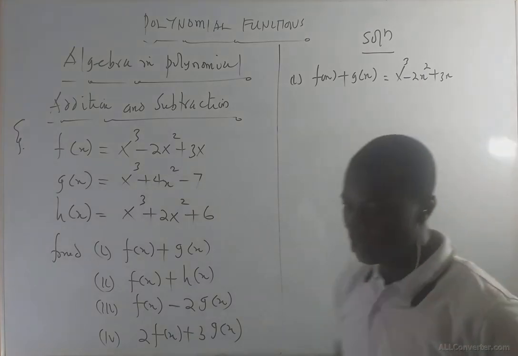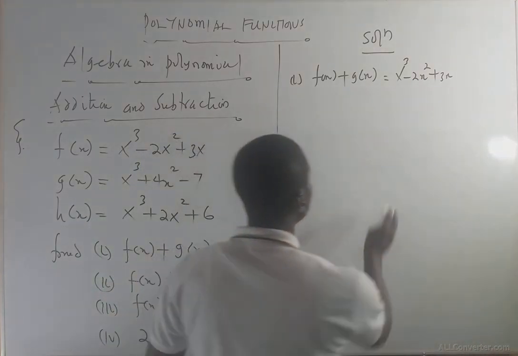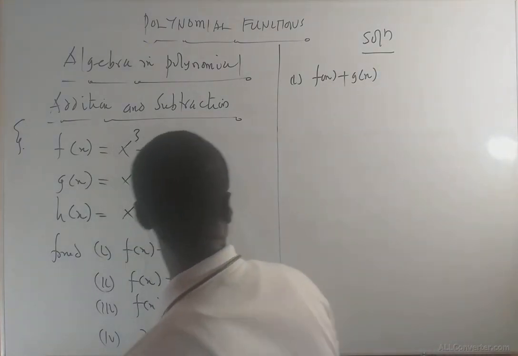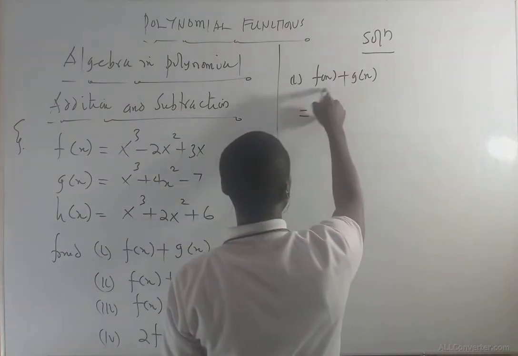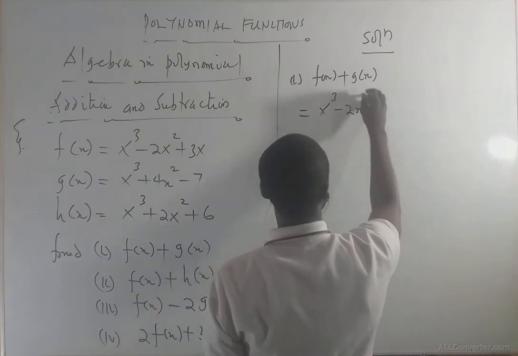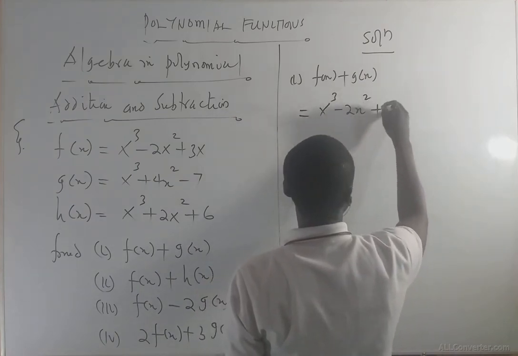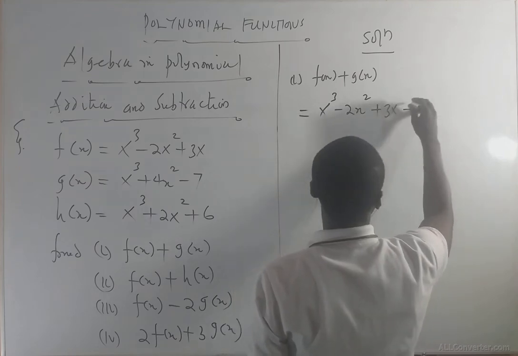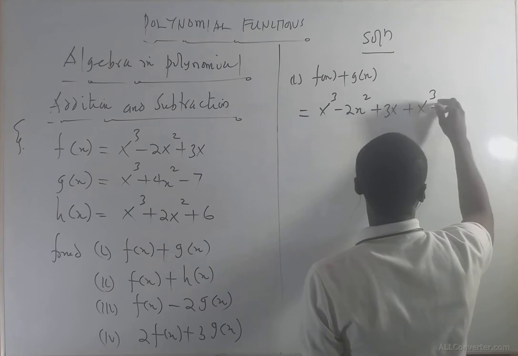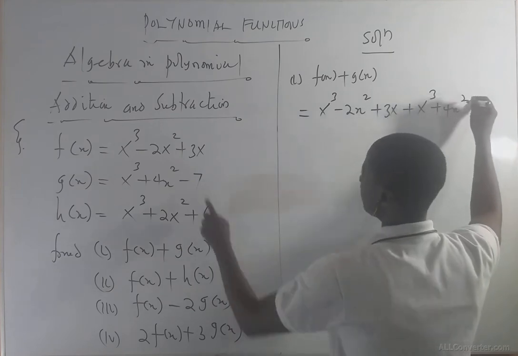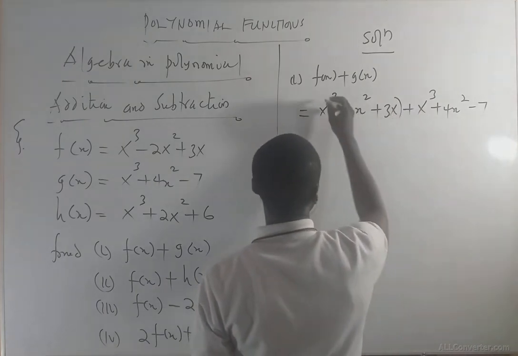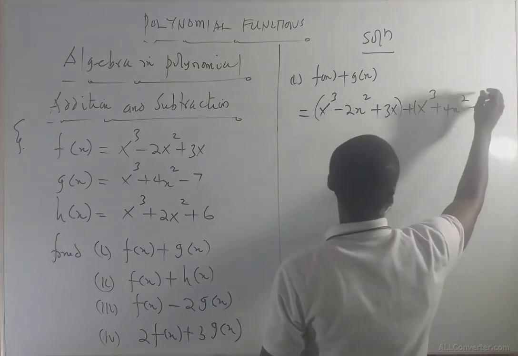Let me bring it down here so that we can simplify it easily. So f of x from the question is x cubed minus 2x squared plus 3x, then plus g of x, and g of x is x cubed plus 4x squared minus 7. Now you can put your f of x in brackets, then the g of x also in brackets.